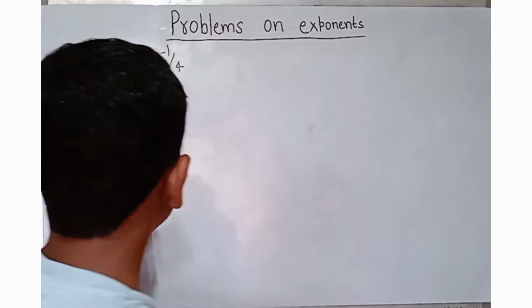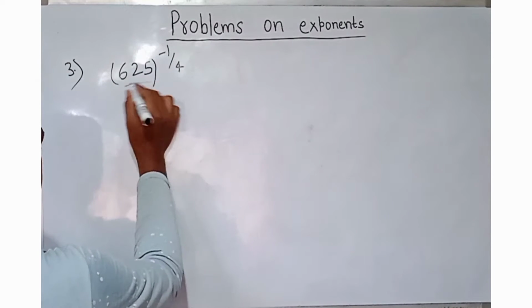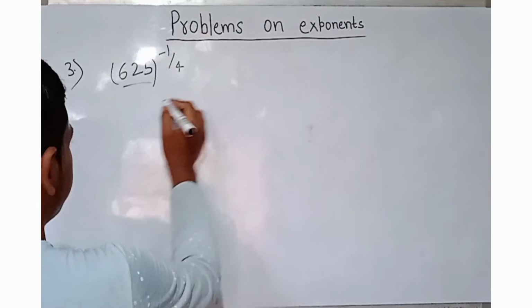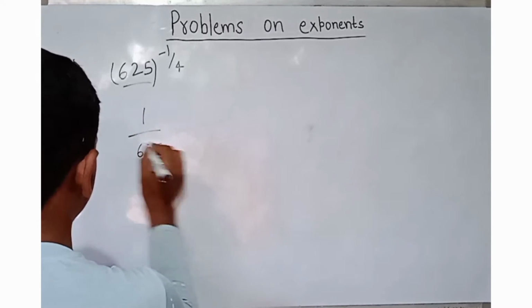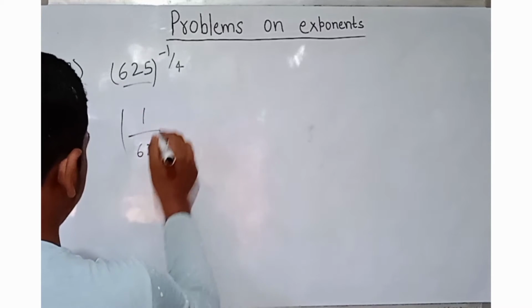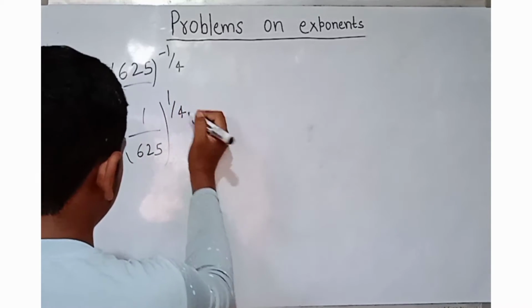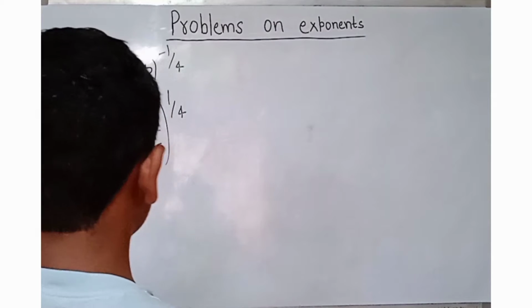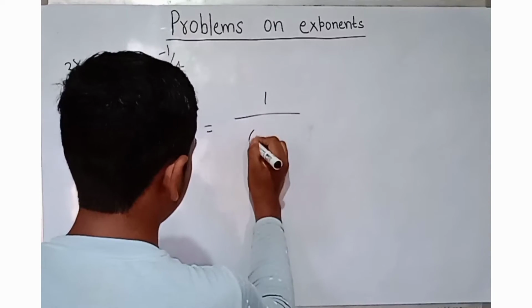When you reciprocate, it will be positive. So 1 by 6 to 5 power 1 by 4, it will be positive. See here, it can be written as 1 by 625 power 1 by 4.